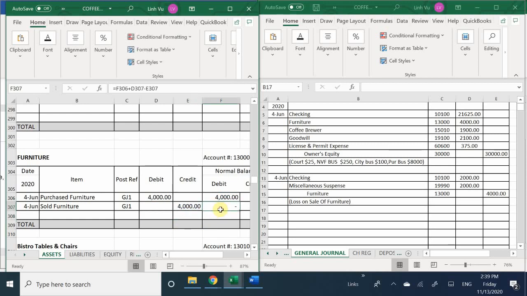I'm going to clear out my formula in here. The first thing is we activate our formula with equal. No plus or minus at all, because we need a starting number. My starting number is going to be my box above. Then I place my addition, plus my debits, and then I subtract my credits. And then your formula should pop out.